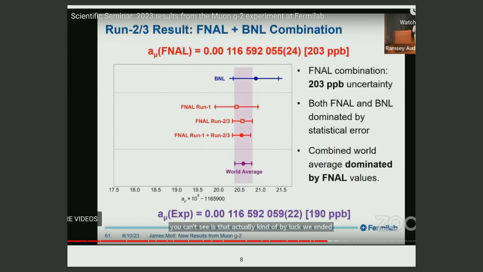And they have another half of the data to come, runs 4, 5, and 6. And so they have a very good chance of meeting their precision goals, which is, like I said, around 0.1 per million or 100 per billion.